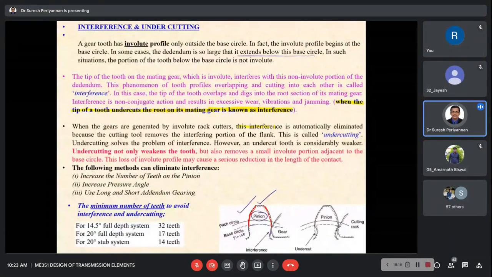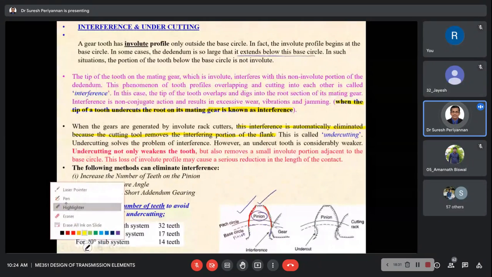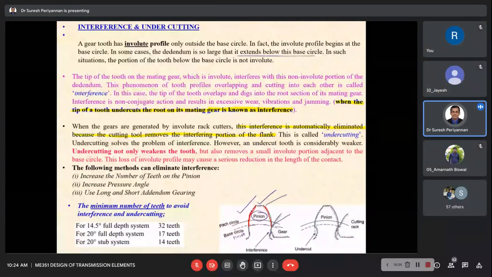Then this interference is automatically eliminated, because the cutting tool removes the interfering portion of the flank. Where is the flank? We already discussed it in the gear terminology: this is the face, this is the flank, and this is the space, right? That's what we are telling here. The interference is automatically eliminated because the cutting tool removes the interfering portion of the flank.